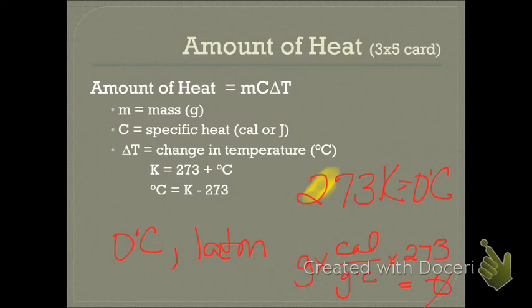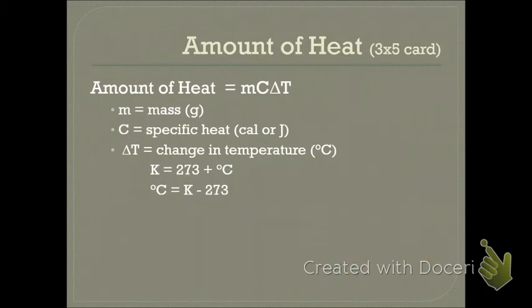Then you can get your answer, and you can always convert it back to degrees Celsius by taking whatever answer that is and subtracting 273 from it. And you'll see this as we go through these problems. So make sure that you understand the conversion from Kelvin to degrees Celsius and from Celsius back to Kelvin.